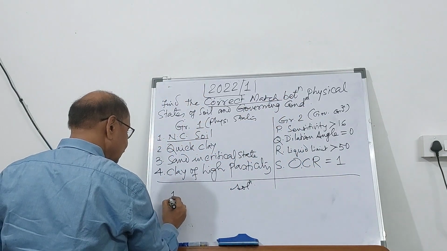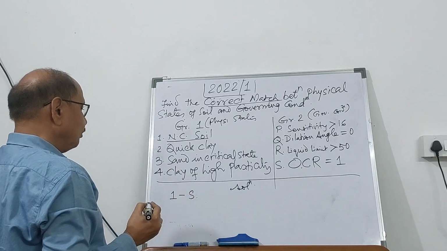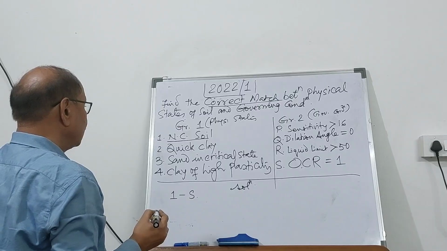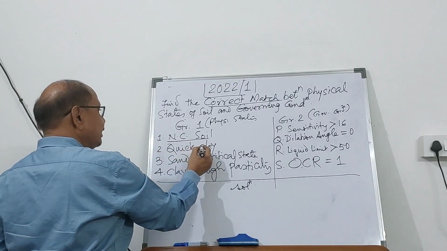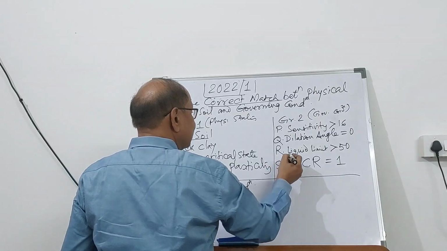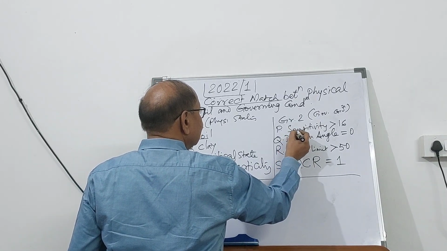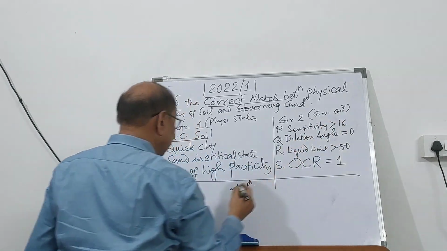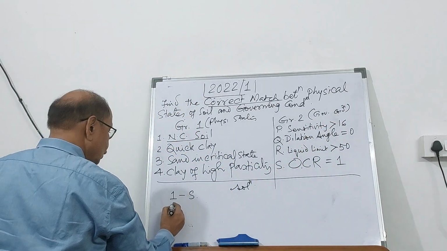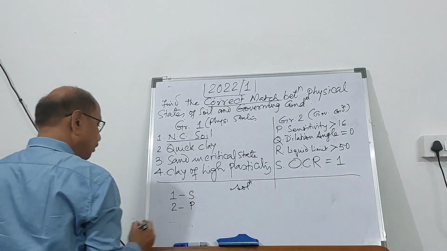So 1 is matching with S. Now another is quick clay. For quick clay, it is highly sensitive. So sensitivity is greater than 16, so it is combining with P.